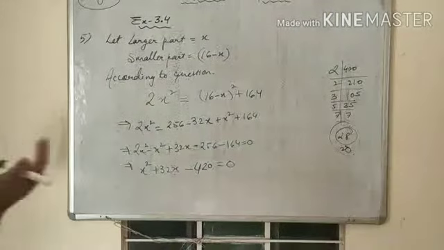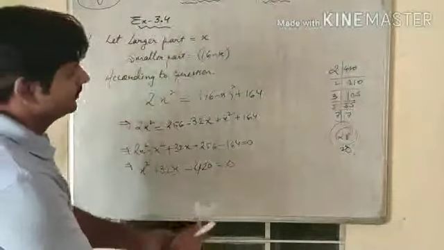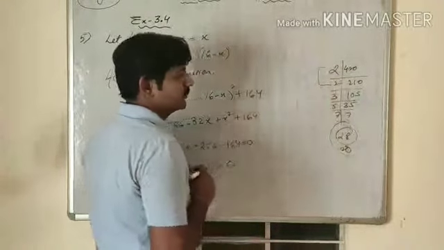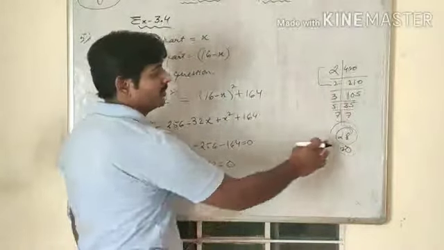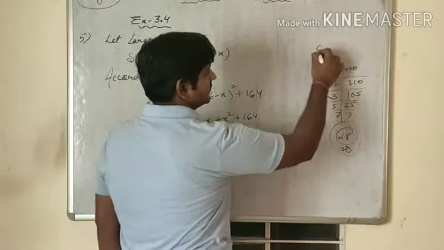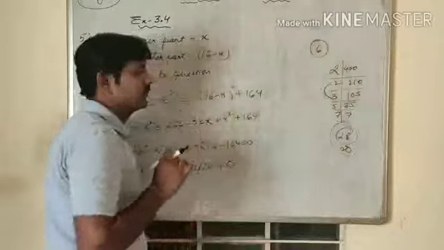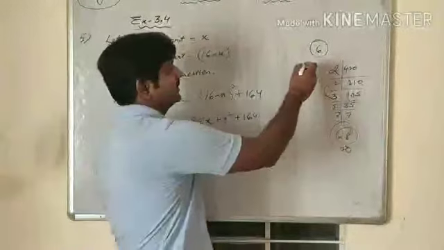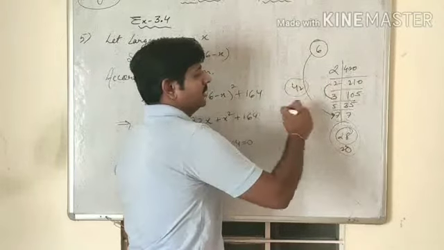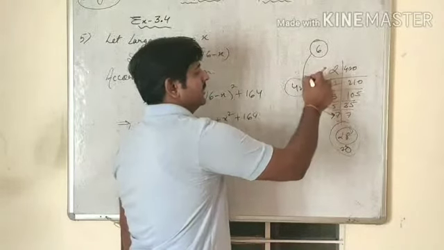So what to do, let me tell you. It's so simple. 2 twos are 4, not coming because we tried that. But we can convert this: 3 twos are 6, and 6 sevens are 42. We got 42, and 5 twos are 10.